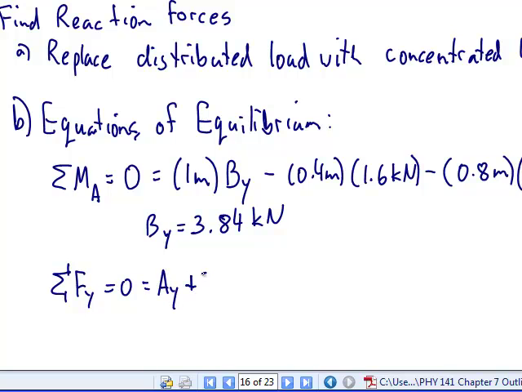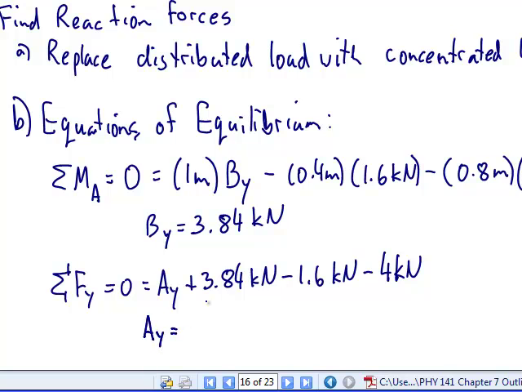Ay plus 3.84 minus 1.6 minus 4 kilonewtons equals 1.76 kilonewtons.